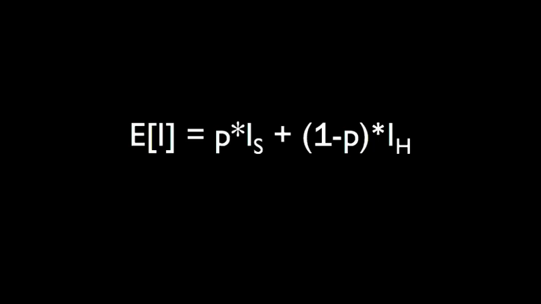So if P were equal to 1, then the expected income would be equal to IS.